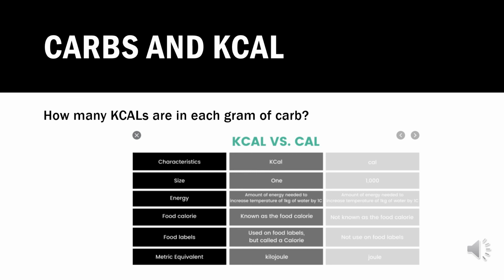So if you had a label that said 1,000 calories or 1 kcalorie, the 1 kcalorie is easier to understand. Where 1,000 calories, you're thinking, my gracious, that's half of what I can have for the whole entire day. So a kcalorie is what you actually see on our food labels, because it is just a simpler way of doing calories.